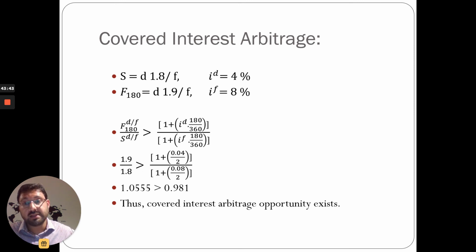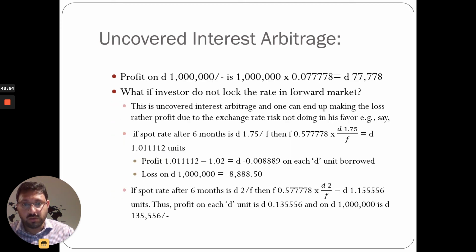In that case there will be a loss. But if your asset currency appreciates, you will be better off if you do not lock your position using the forward rate. So look over here.